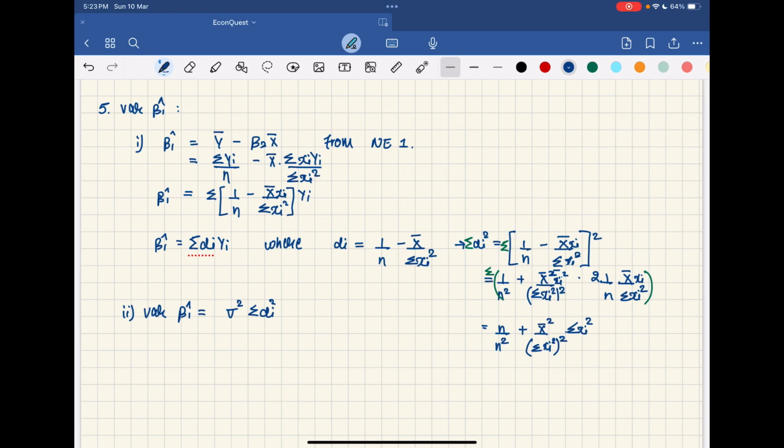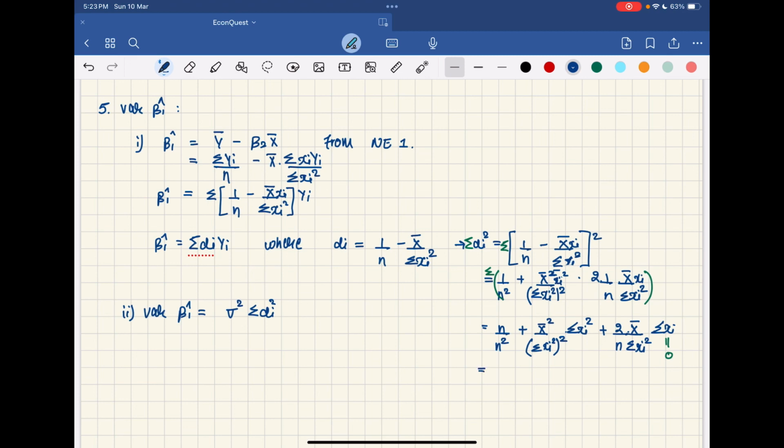And in the last term you have 2 by n times summation of xi. This thing is 0 because the summation of small xi's is 0.